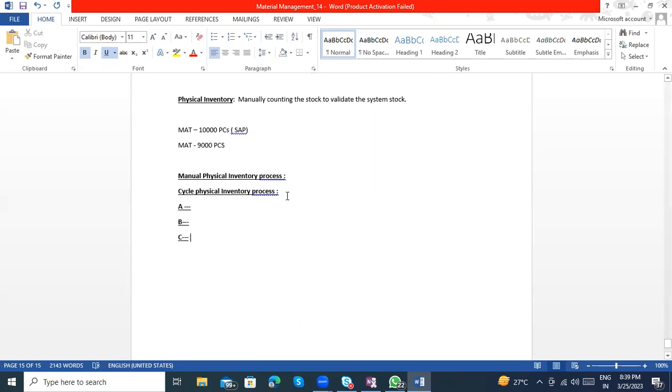These are basically classes, dividing all the materials into different classes. If the A class is too expensive, I need to do a regular physical inventory, maybe quarterly, if you want to do that. Regular physical inventory checkup.